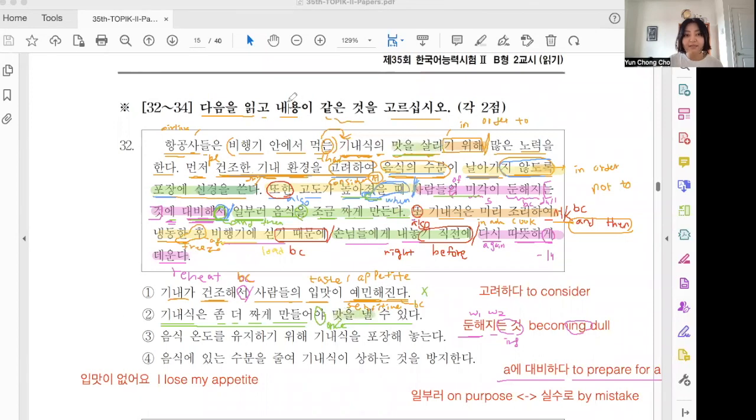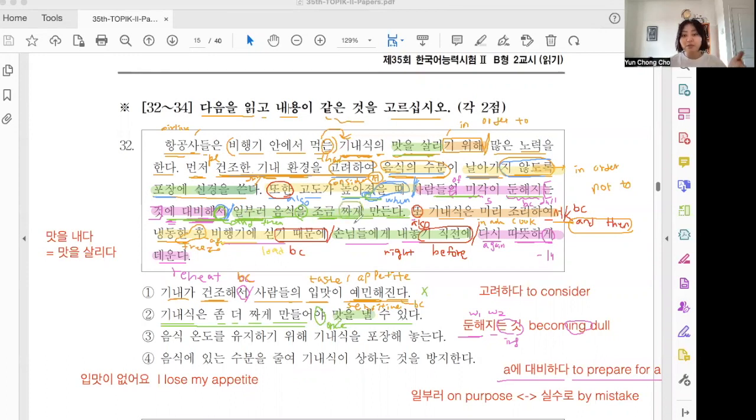Same as 맛을 살리다. Make it delicious. 그렇죠. 자, they talk about this one here. 고도가 높아졌을 때 사람들의 미각이 둔해지는 것에 대비해서, prepare for people's taste becoming dull. They make the food on purpose a bit salty.